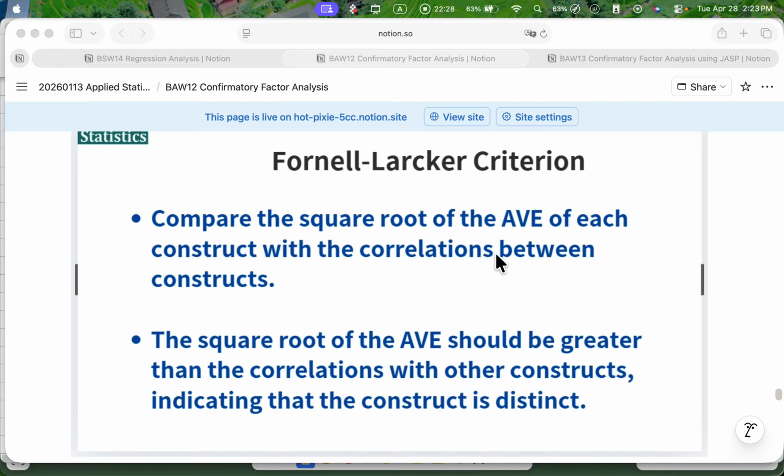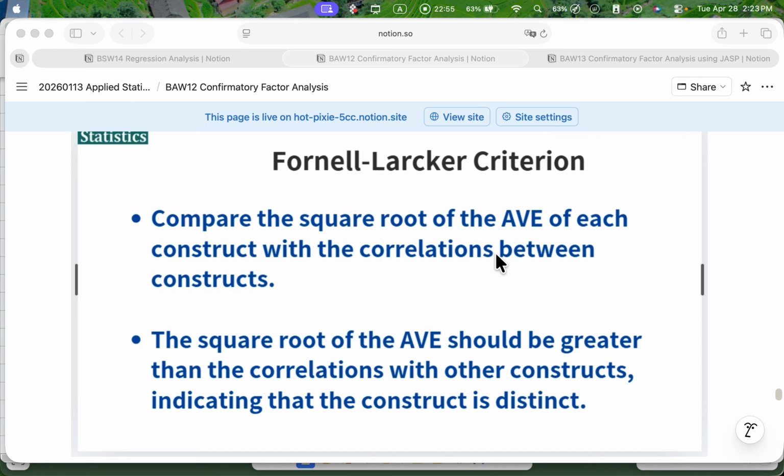I have shown you AVE here, but I haven't shown you how to do the correlation between the constructs. I have prepared the material, but now I have to finish CFA first. Then I can show you how to perform the correlation analysis.